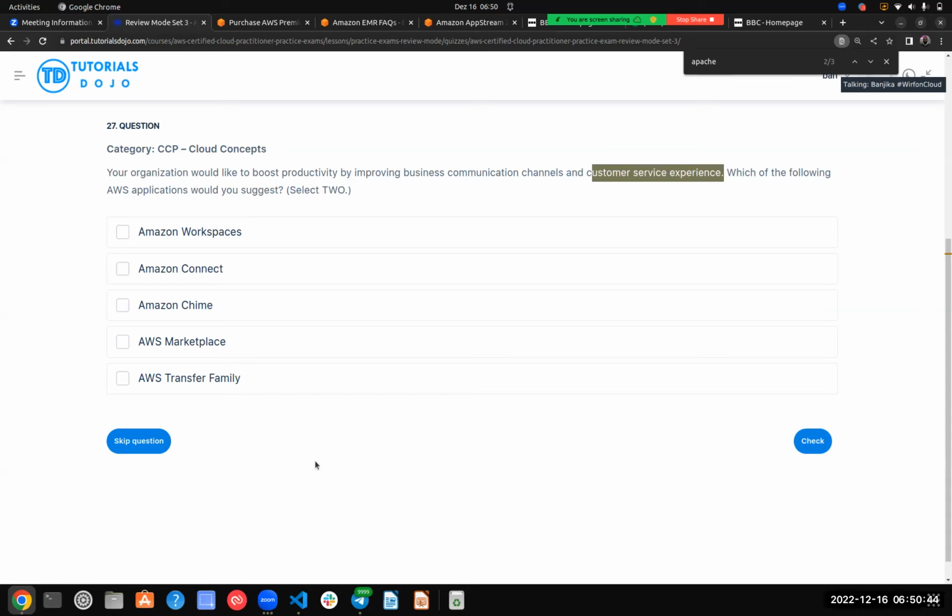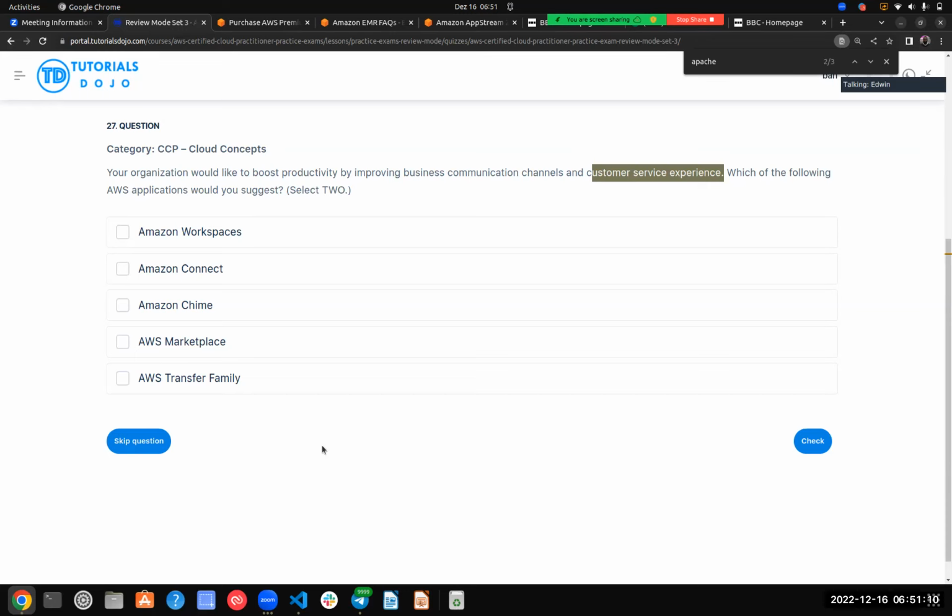So remember what is key in this question. If you know the services, in the worst case, you can do elimination. Rather than looking for what is correct, you can think of what are the ones that are definitely not correct. I know Transfer Family is not correct. Marketplace is not correct.